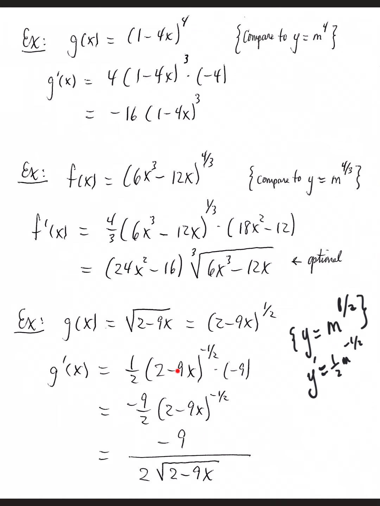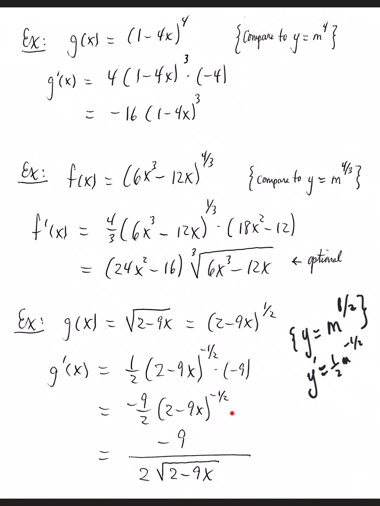Again, leave the interior alone. And on the very end, you chain the derivative of the interior to the end. So that derivative is negative 9. That gives us negative 9/2 times (2 minus 9x) to the power of negative 1/2.